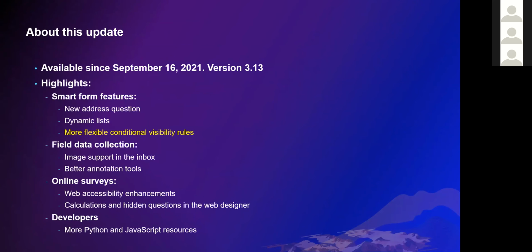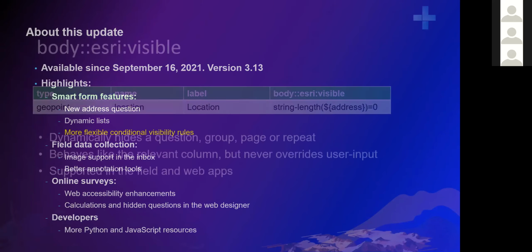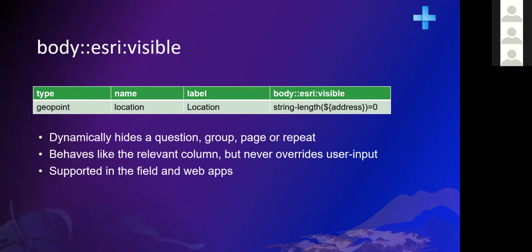Added some capabilities for conditional visibility rules. There are a number of them, but one I really wanted to highlight is the body::esri:visible parameter. It's very similar to relevance. With relevance, you can hide questions based on a relevant expression. When they're hidden because of relevant, though, if you've provided user input and it's no longer relevant, then that data doesn't get entered.